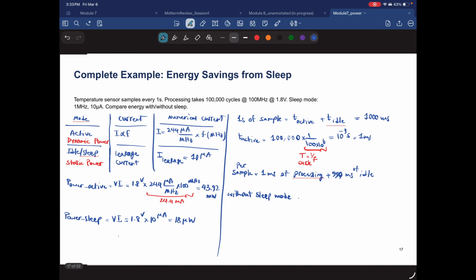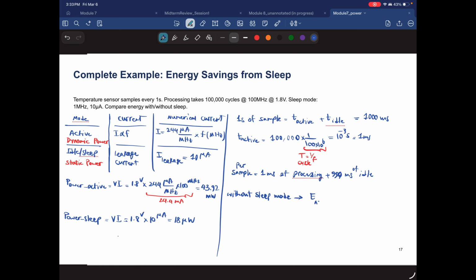Without the sleep mode, E is going to be all E active, which is P active multiplied by time active, which in this case is actually going to be the full sample time. So E active is going to be 43.92 milliwatt multiplied by 1000 millisecond, which is going to be 43.92 millijoules.